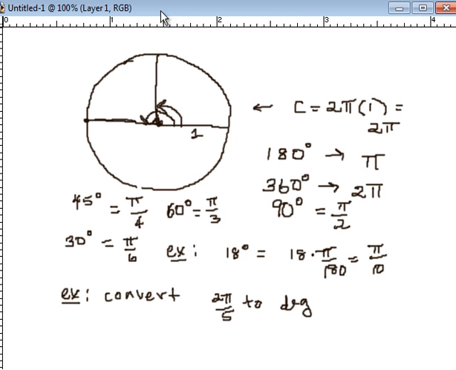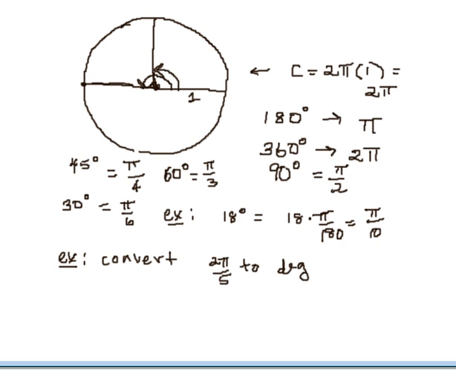You just multiply 2 pi over 5 times 180 over pi. It's easy to remember because radian measure usually has a pi in it, although it doesn't have to. But when we multiply by 180 over pi, the pi is always canceled.